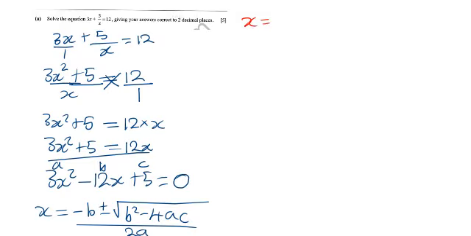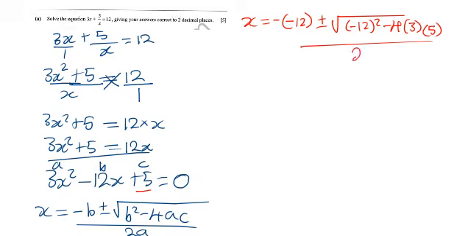So what you do when you reach this point, you just say x equals, now we start substituting. Negative, our b, it is negative 12, so you write negative outside, and then our b, negative 12, and then plus or minus the root of our b, negative 12, so you write negative 12 there squared, and then minus 4, for our a, it is 3, so you write 3, and then our c, it is 5 there, so you write 5, everything divided by 2 times our a, which is 3.